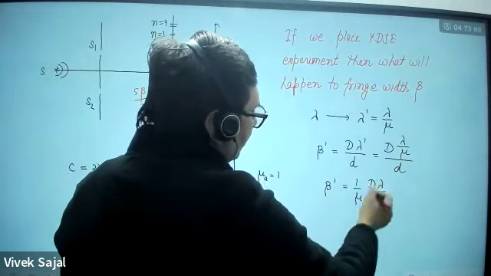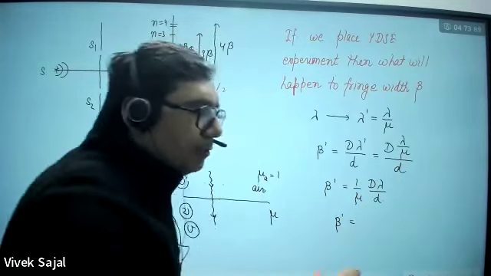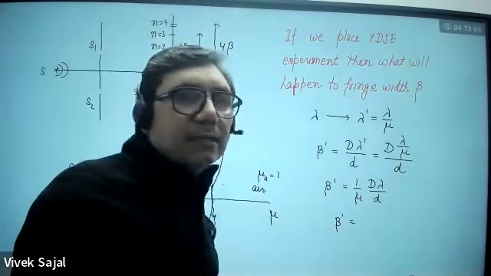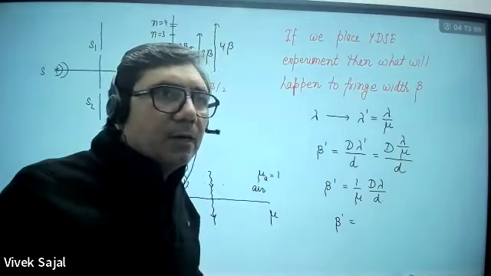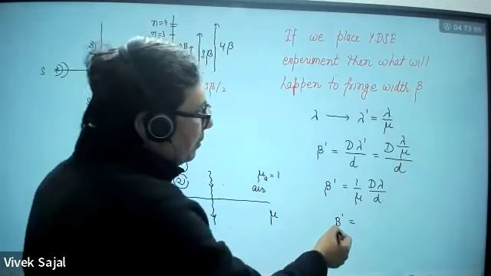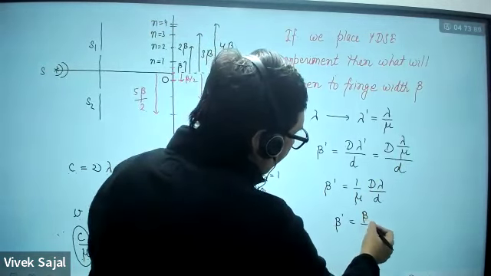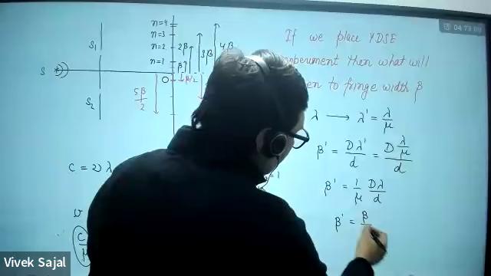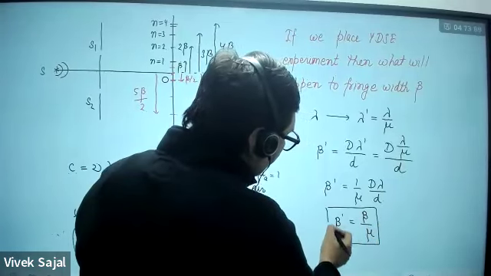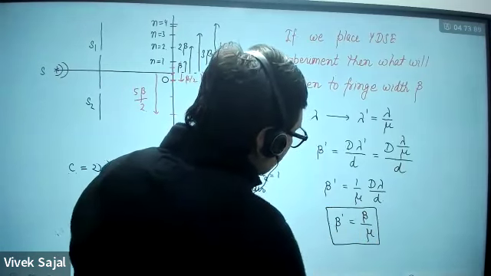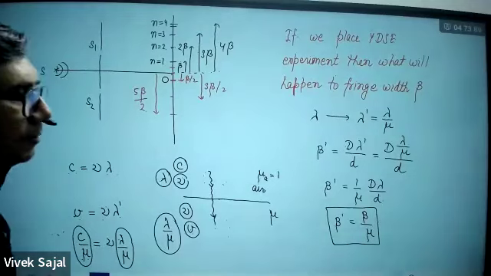And this was beta. So when you have placed this Young's double slit experiment in the water and you're looking from the outside, this beta prime will appear to you as beta by mu. Is it clear what I'm saying?